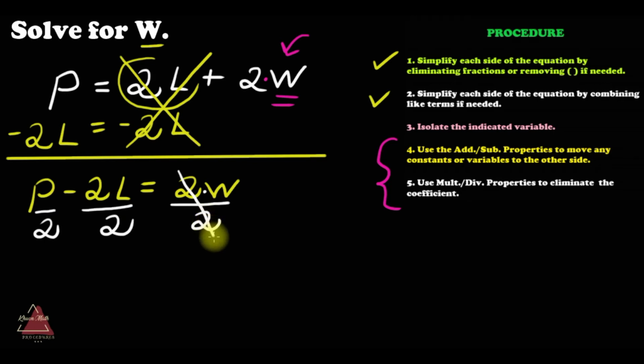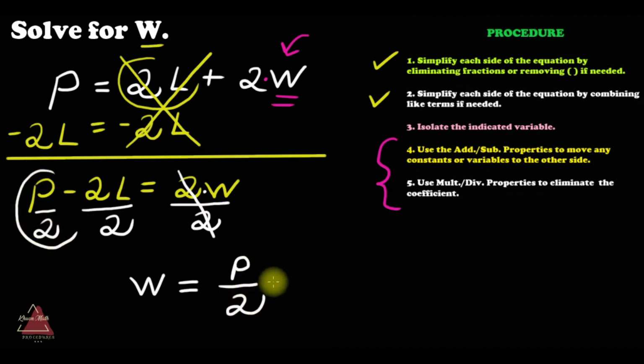Okay, so 2 over 2 is cancel. So you have W is, and then we're going to bring that onto this side. So it'll be P over 2. Okay, so the P over 2 is right here. And then minus 2L over 2.